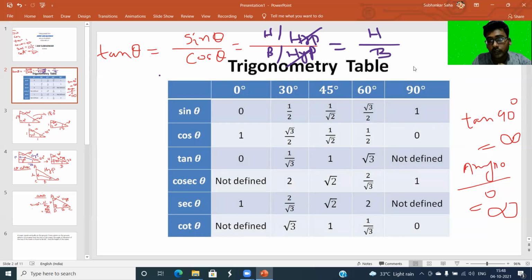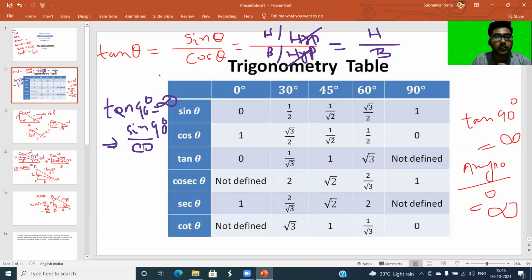If tan theta equals sin theta by cos theta, then what is tan 90? It is undefined. How? Sin 90 divided by cos 90.